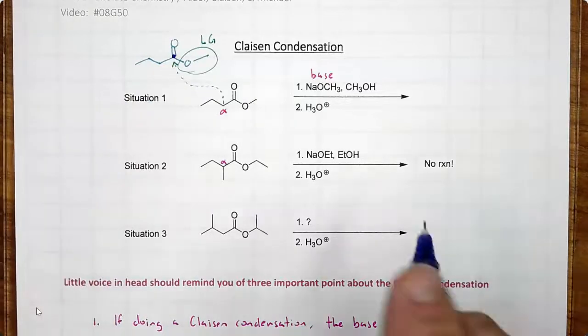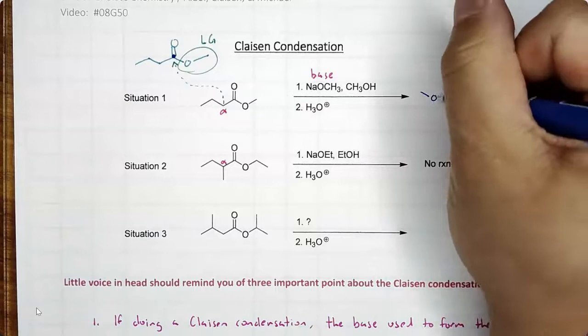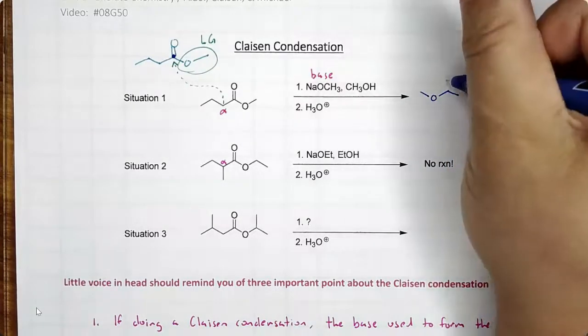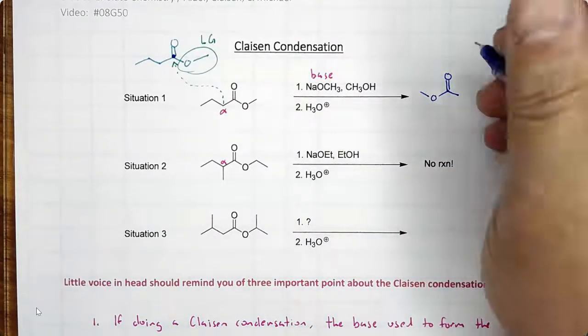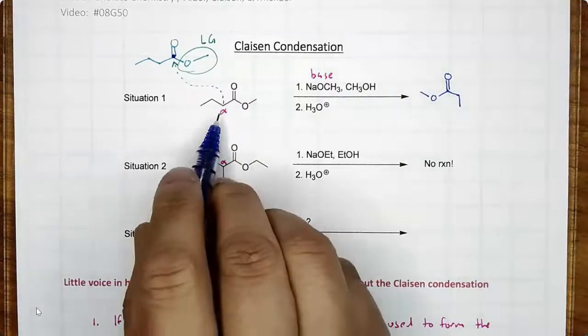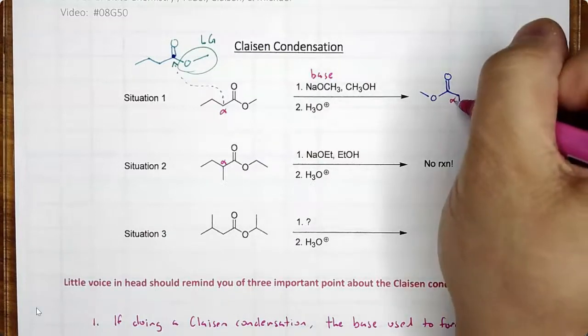So take a look at how I'll draw this. I like to draw the attacker as is, with the alpha carbon ready to attack to the northeast. So 1, 2, 3, 1, 2, 3. And here's my alpha carbon.